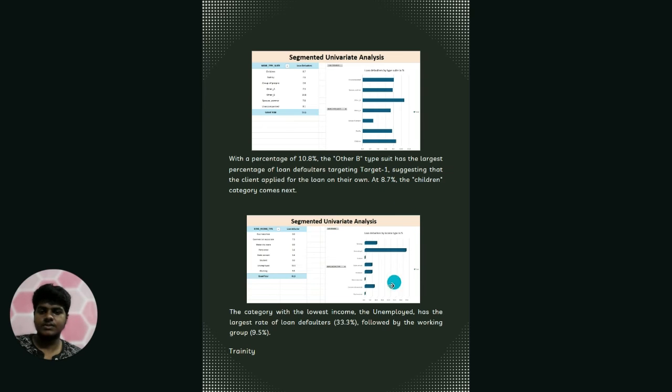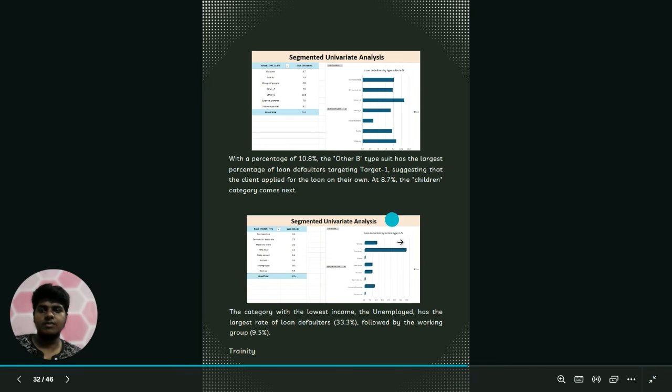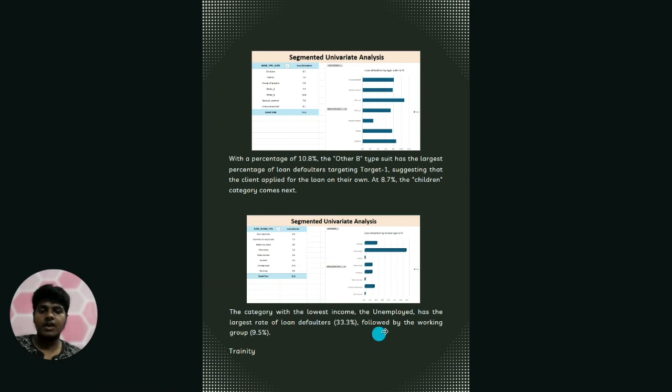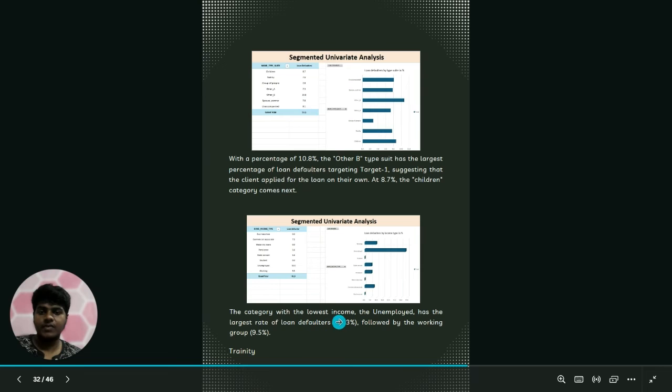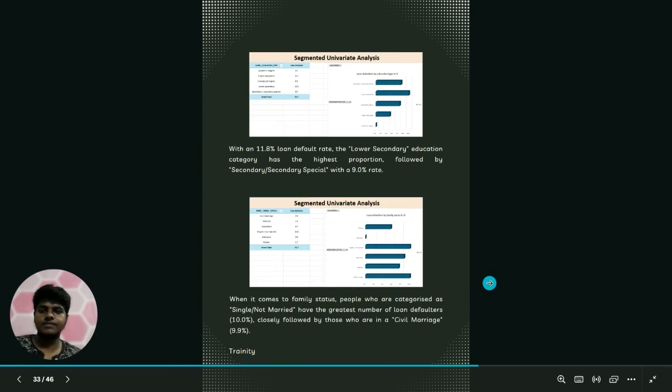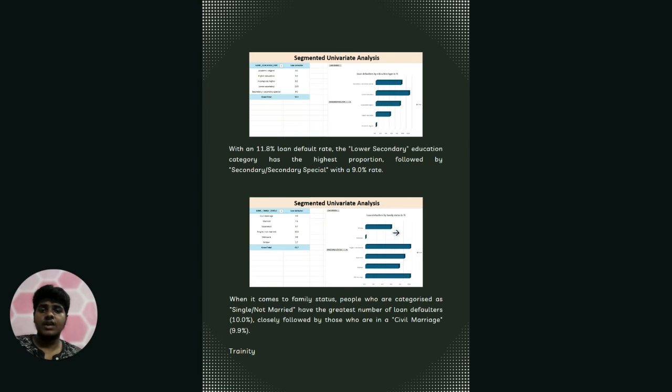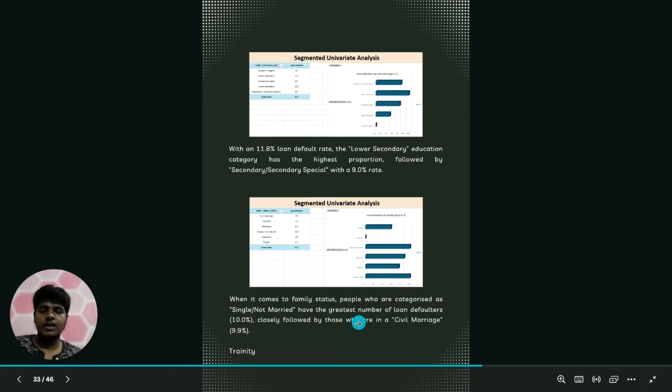That means the client has applied for the loan on his own. When it comes to the income type, unemployed has the largest number of loan defaulters, followed by the working group. When it comes to the education category, lower secondary has the highest loan defaulters, followed by secondary special. When it comes to the family status, single or not married clients have the highest loan defaulters, followed by the civil marriage category.